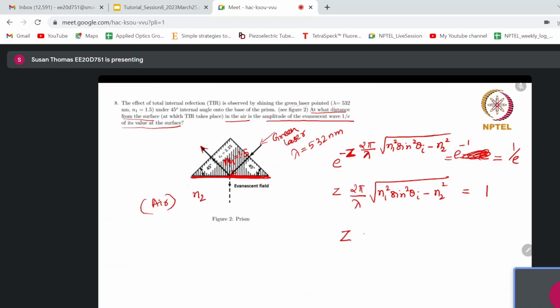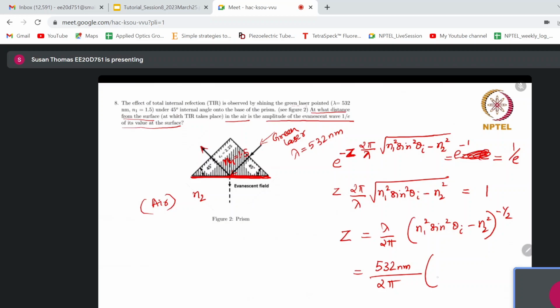Now Z is equal to lambda by 2 pi into the square root, so let me write it as n1 square sine square theta I minus n2 square, the whole raised to minus half. What is lambda here? 532 nanometers by 2 pi into N1. N1 is the prism, N2 is the air medium.